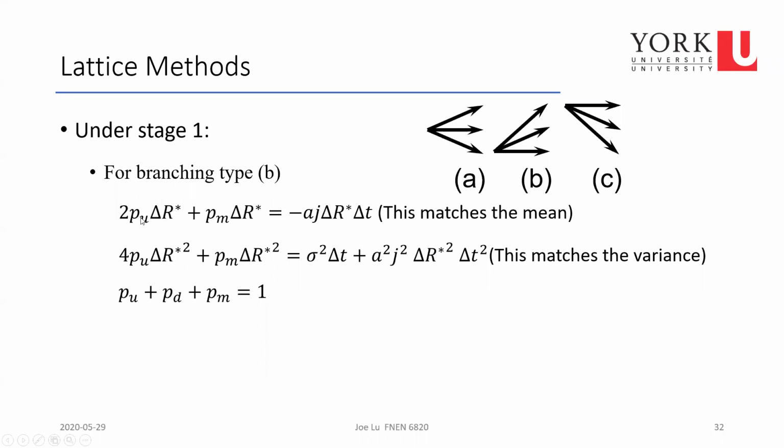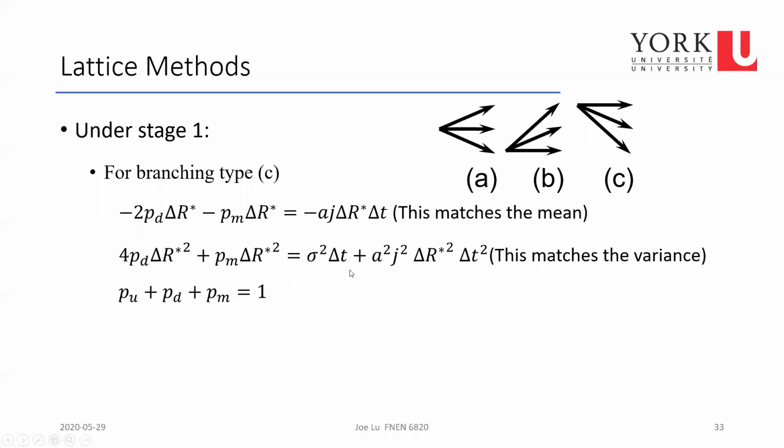So that times PU, because that goes 2 steps up. And the middle one only goes 1 step. And the third one is the change is 0. That's why it dropped out. And for this one here, same thing. You take the square and you try to match the variance here. You always have this condition.